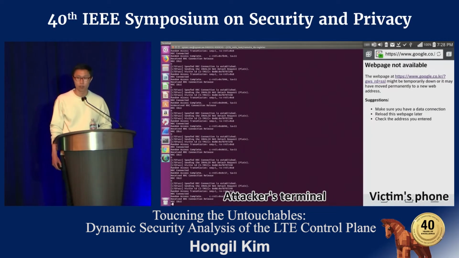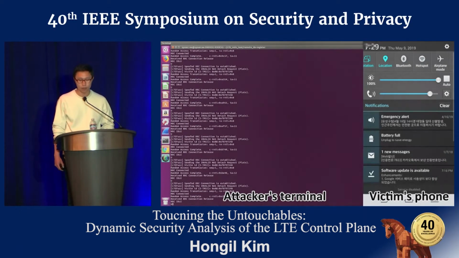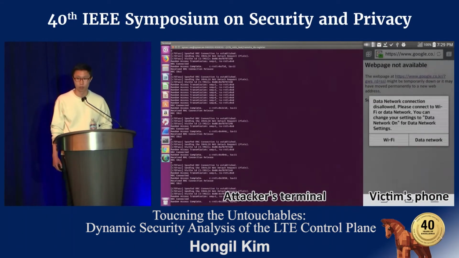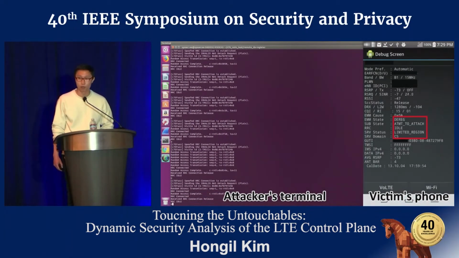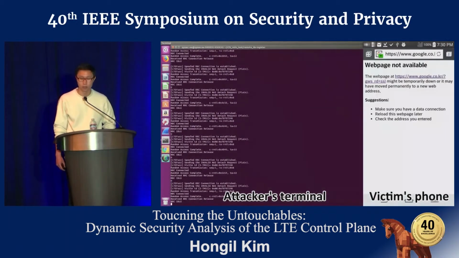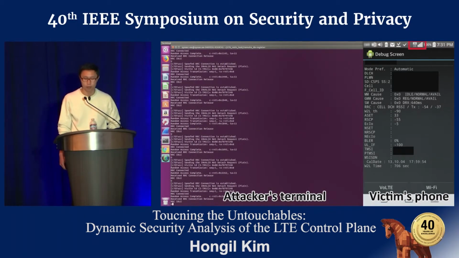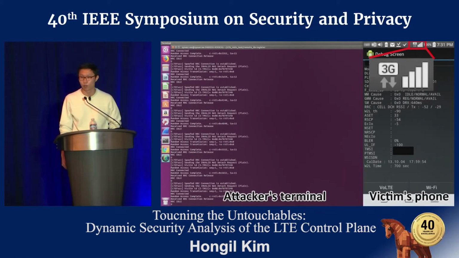Right after the attack starts, the victim UE is just disconnected from the network. Whatever the victim UE tries to do, it fails to connect to the LTE network again. And after some time, the victim UE downgrades into the 3G network, which is known to be much less secure than LTE.